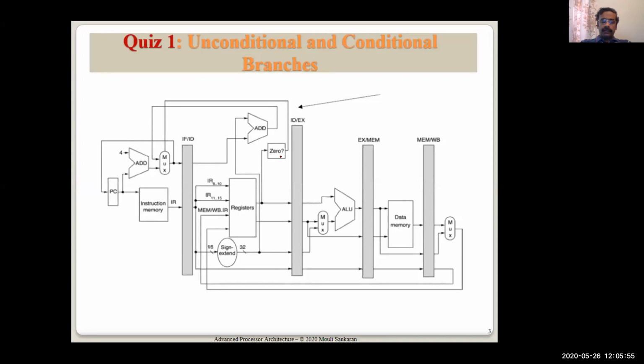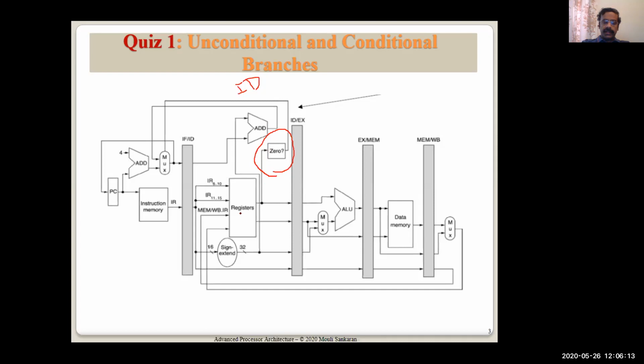Here, if you are alert enough, you see that this zero flag check shows zero flag, but it need not be only zero flag. It can be any flags which are being tested in the ID stage.